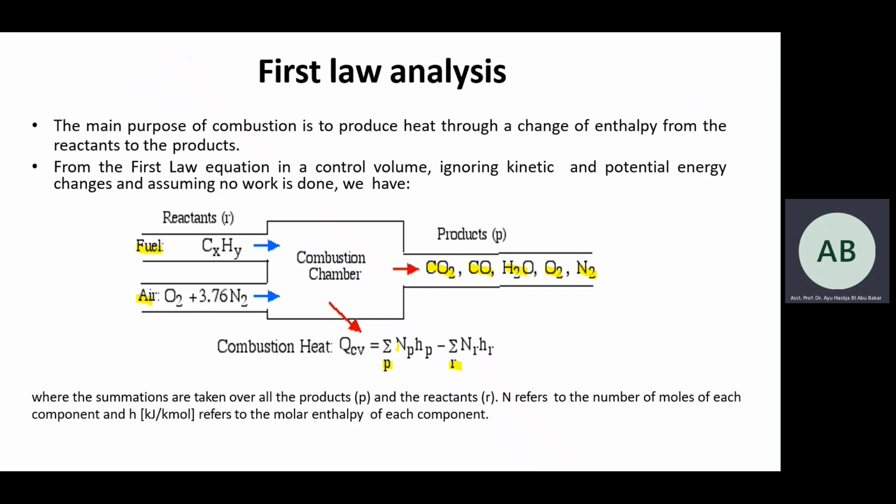N here refers to the number of moles of each component, and the H is in kJ/kmol. So you must generate the combustion equation first. What is your reactant? How many moles of air required? Then how many moles of product produced?